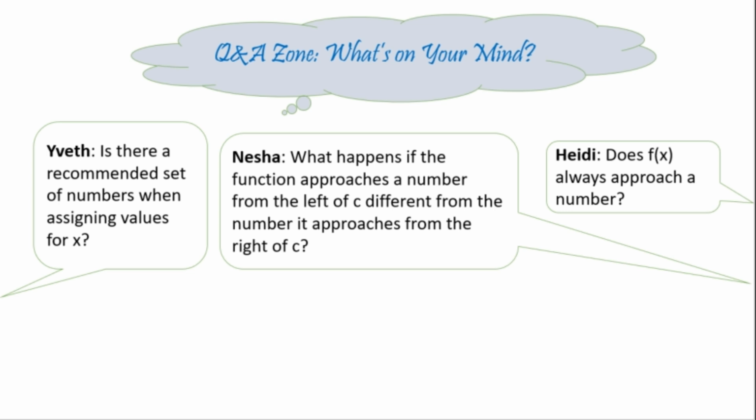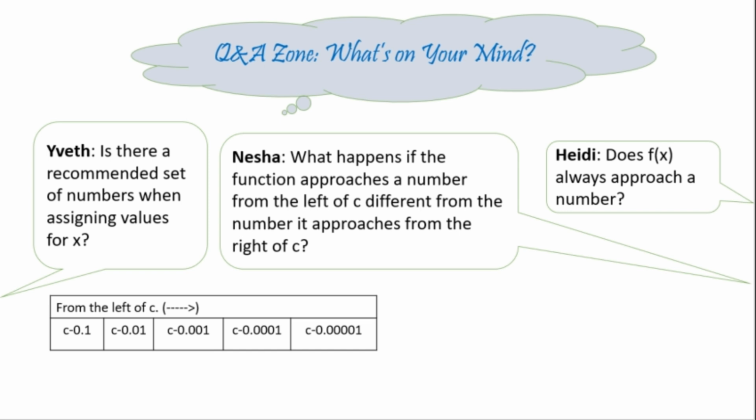To answer Yvette's question, there is no restriction when it comes to the assignment of values for x. You can freely choose a set of numbers that you want as long as these numbers are close enough to C. Remember, the goal is to understand the behavior of the function in the vicinity of C. So might as well choose values that are really close to C. Meanwhile, there is what they call the standard table of values, where the assignment of values for x is given by that one.